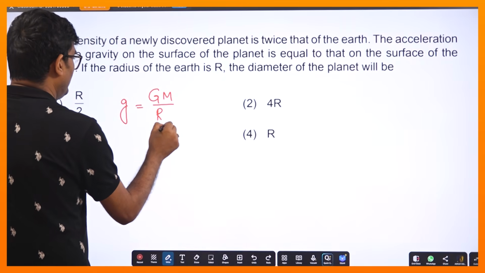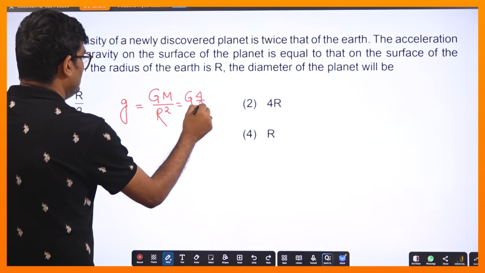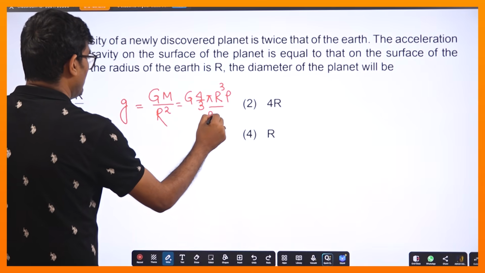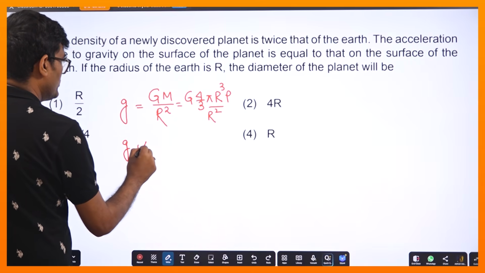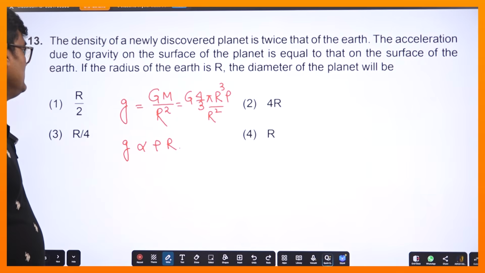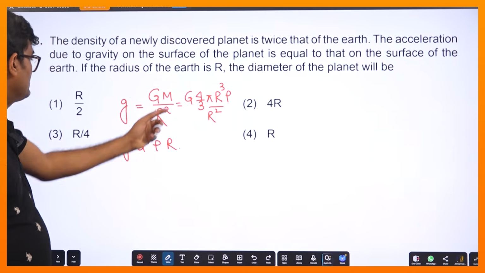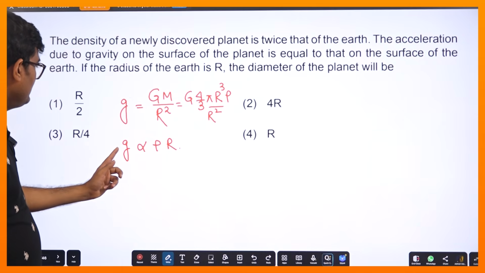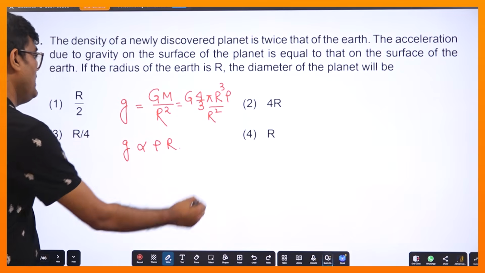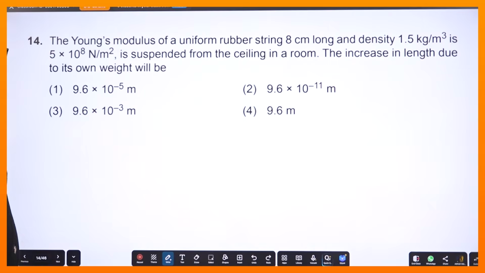I should write it in terms of density: 4/3 pi r cube into density by r square. So g is proportional to rho into r. Now if the density is twice that of the Earth and g remains the same, the radius must be half. If the radius is half, then the diameter will be r only. Option 4 is the correct choice. Got it? Let's move to the next question.